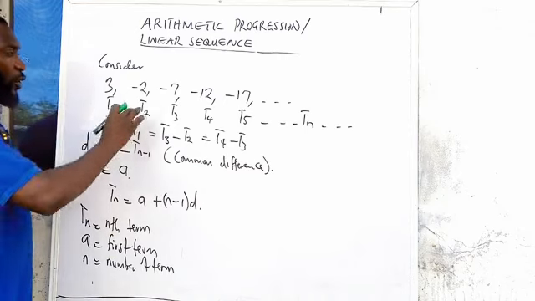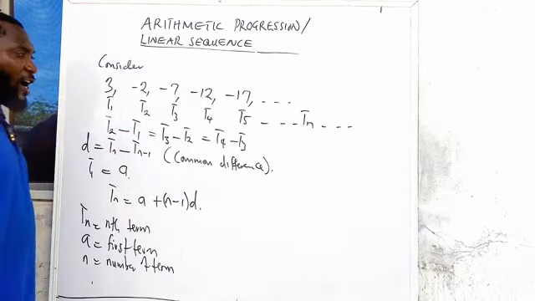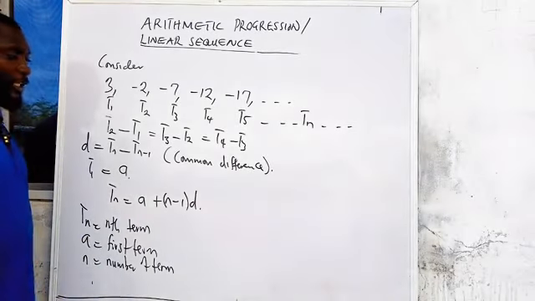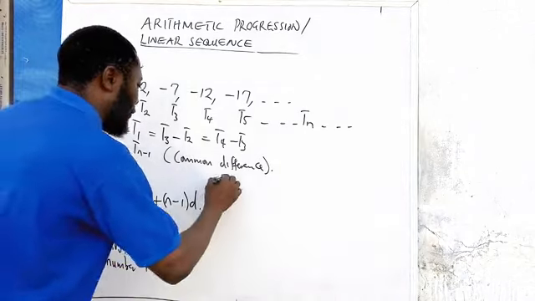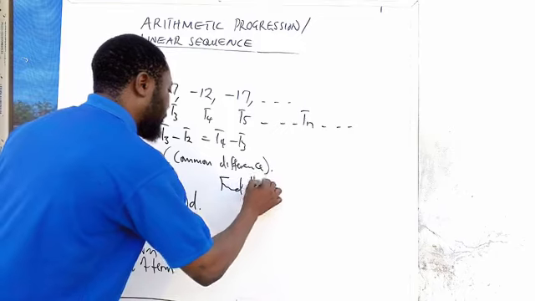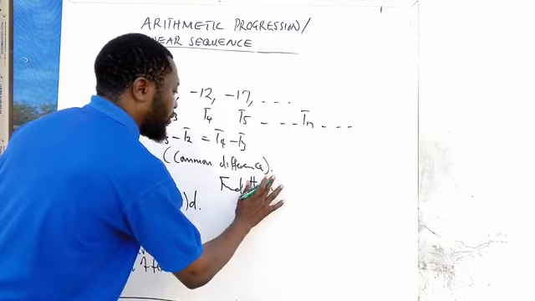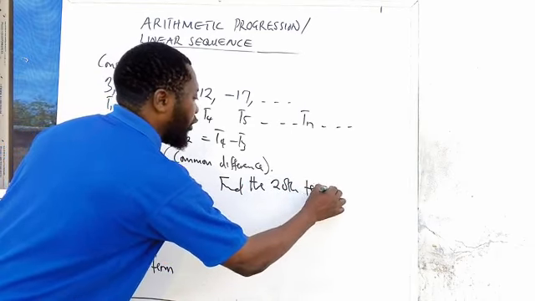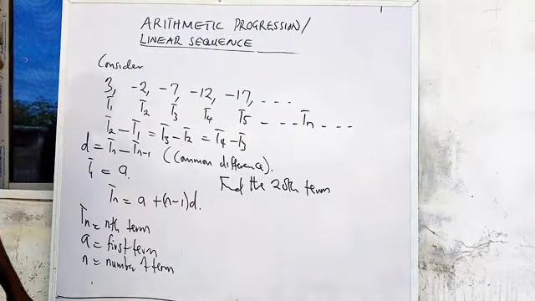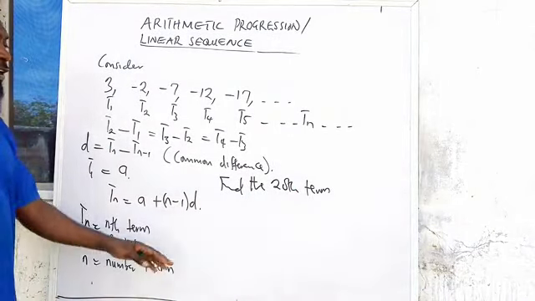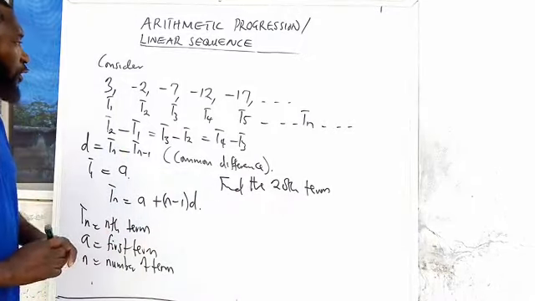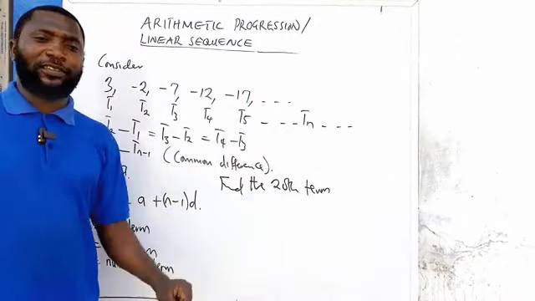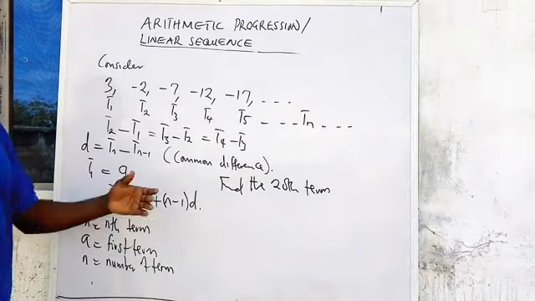Suppose the question says you are given this sequence, and find the 20th term of this sequence. You don't need to stress yourself and continue adding. What if the question says find the 2000th term? That will be very difficult.